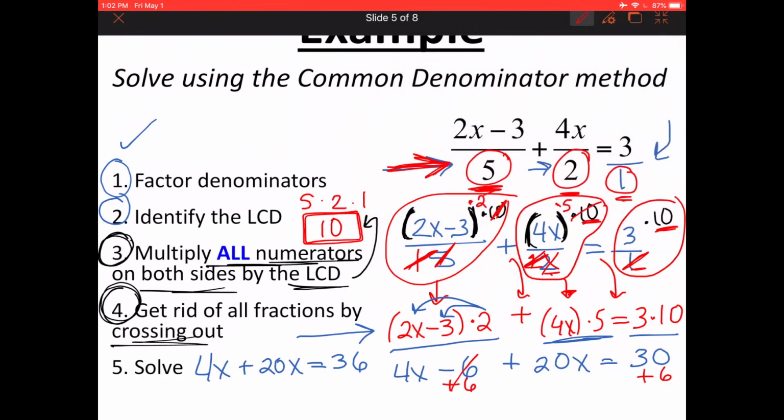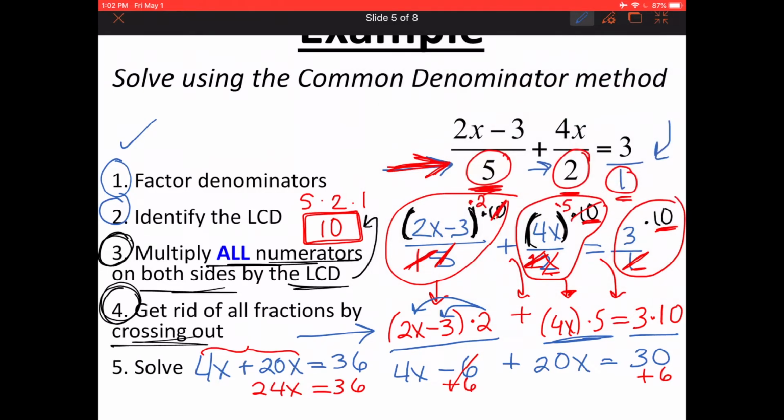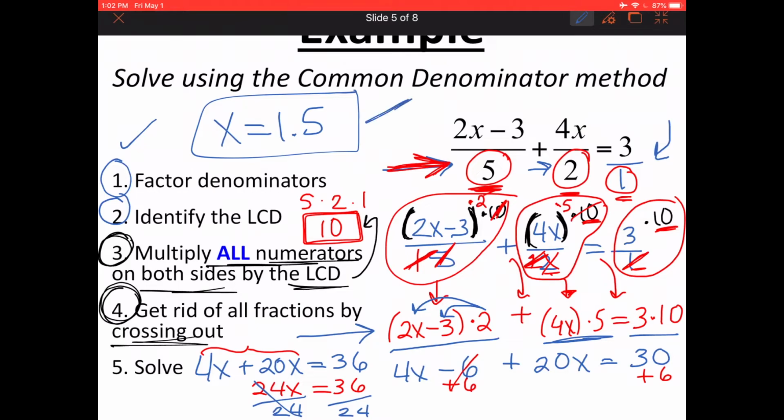From here, I'm going to combine my like terms. So I get 24x equals 36. And then my last step is just to divide both sides by 24 to get that x alone. So my final answer for x would be x equals 1.5.